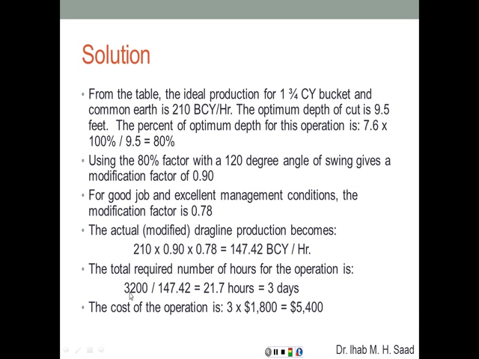Dividing that by the production per hour gives us 21.7 hours, which, assuming 8 hours of work per day, is almost 3 days. We're not going to pay for a fraction of a day, so we're going to pay for the third whole day. Therefore, the cost of operation is going to be 3 days times $1,800 per day, which gives $5,400. That's the cost of that operation.